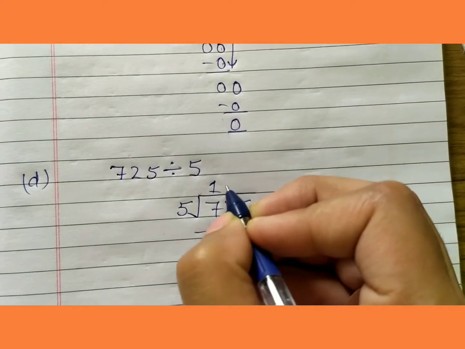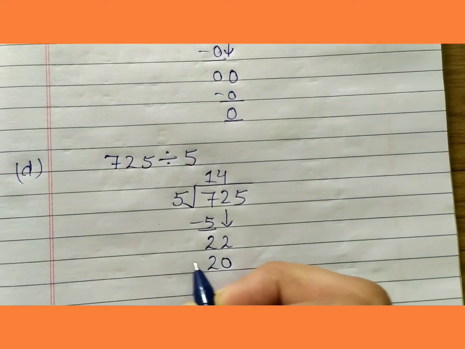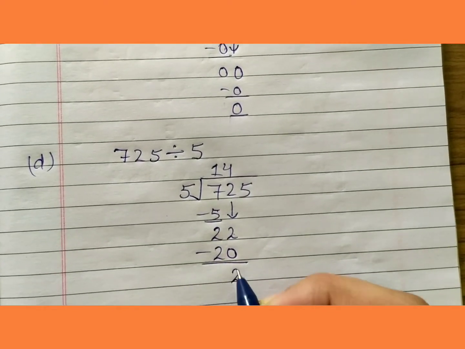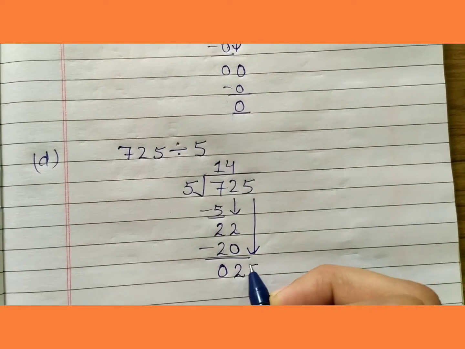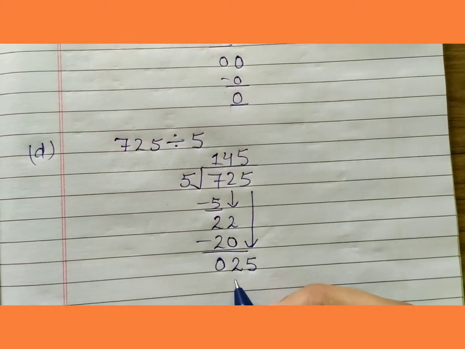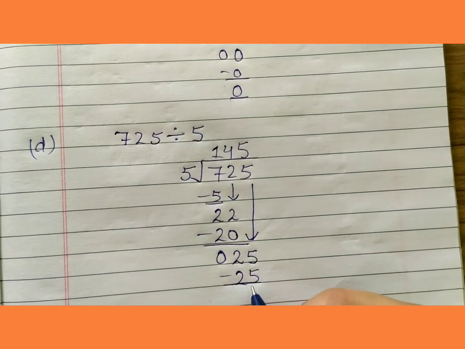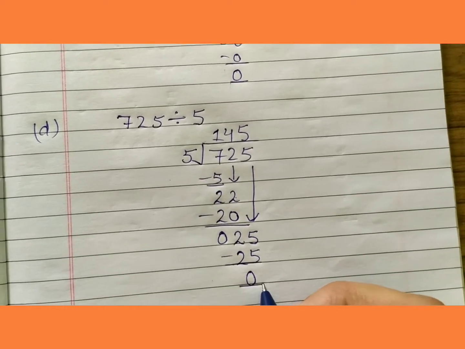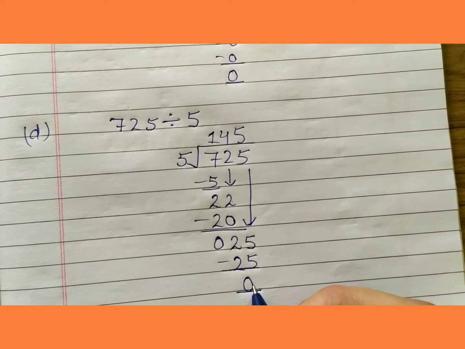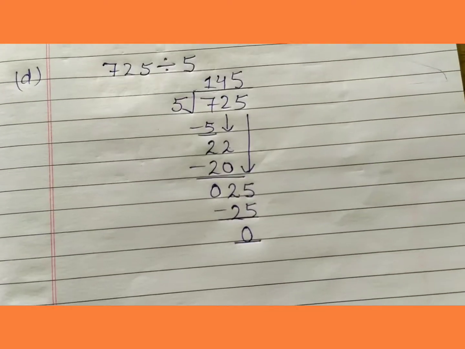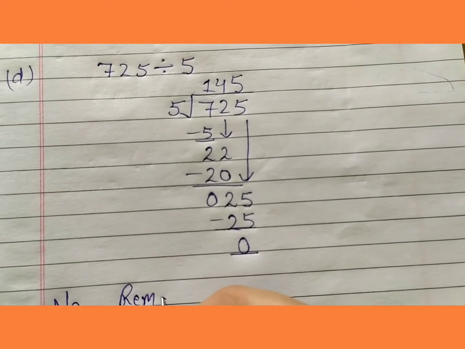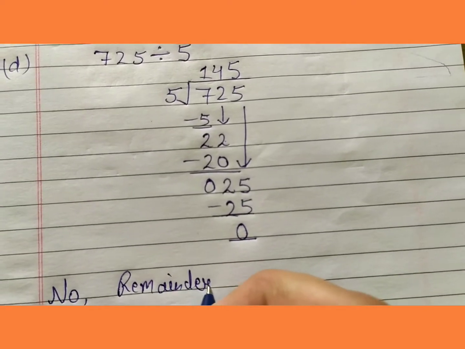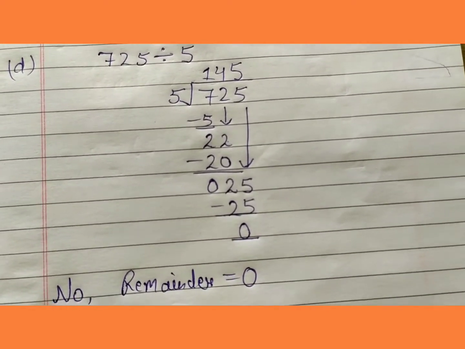Write 2. 5 4s are 20. 2 minus 0 equal to 2. 2 minus 2 equal to 0. Write 5. 5 5s are 25. 25 minus 25 equal to 0. Your remainder is 0. Children, your answer is no, because your remainder is 0.